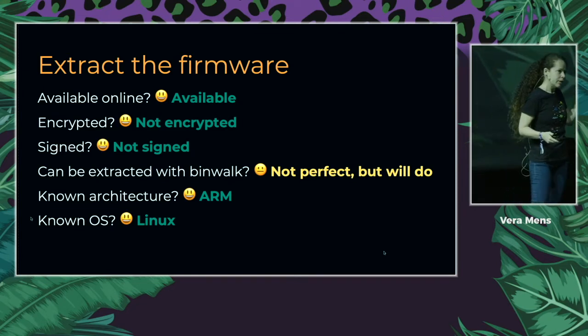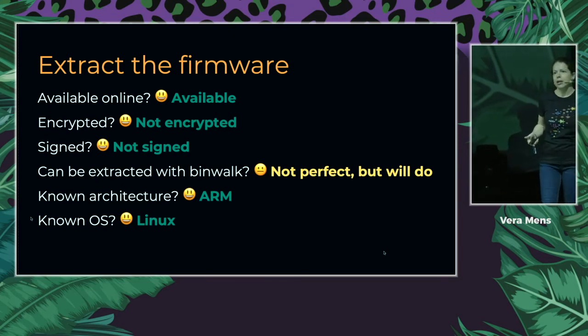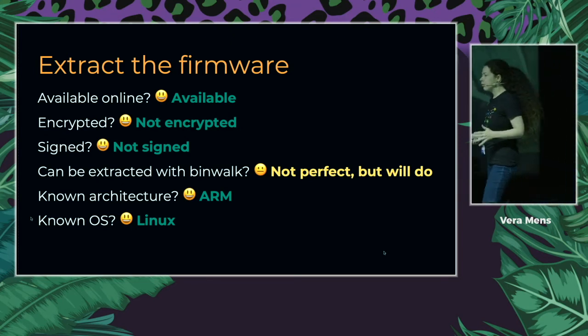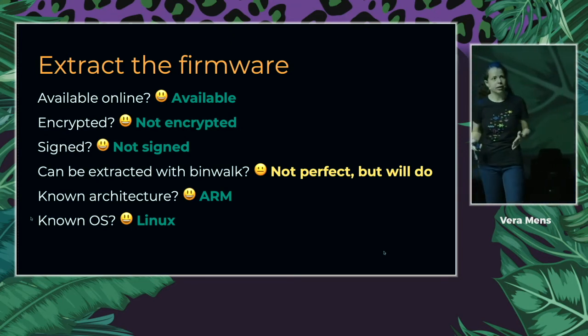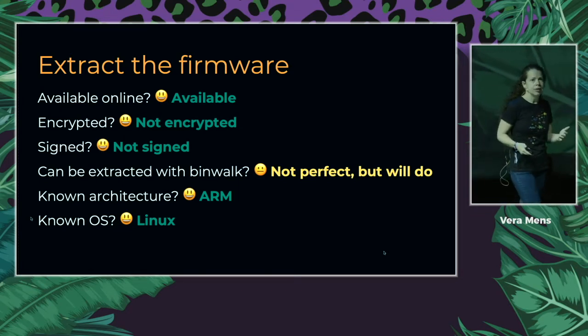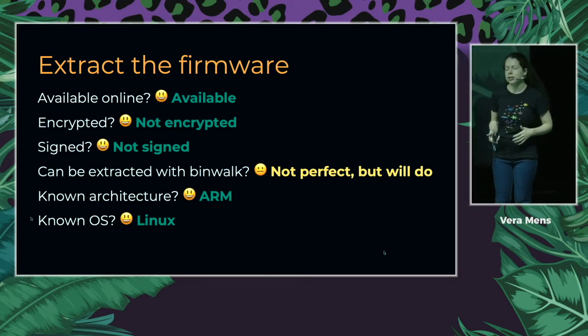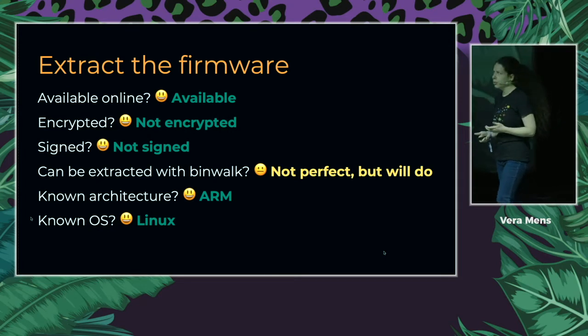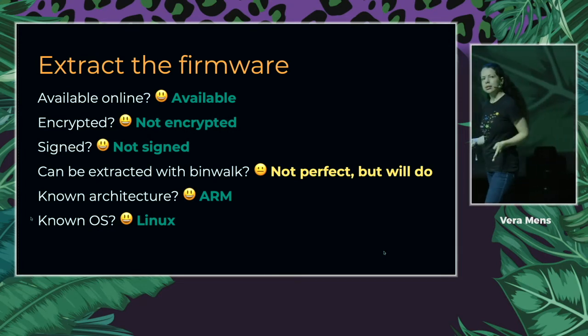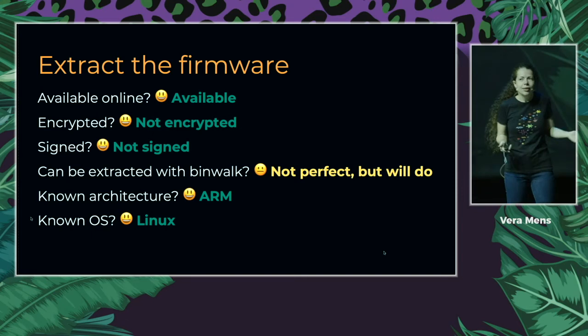Often those firmware packages are available online, and the availability of the firmware is pretty critical. If we don't have our firmware online and we don't have any other way to get it, it pretty much can stop our project altogether. Nothing to do from here.